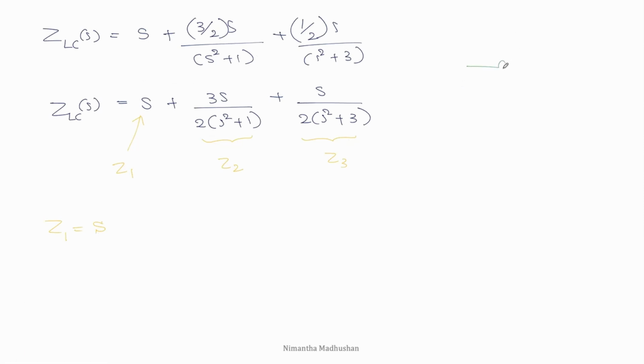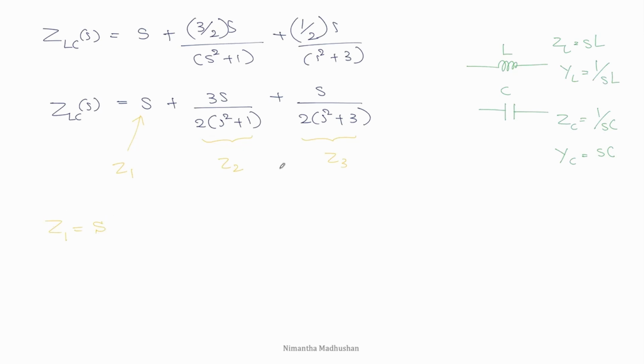Then I am considering the impedance and admittance value of a capacitor and an inductor. ZL is equal to SL and YL is equal to 1 over SL. ZC is equal to 1 over SC and YC is equal to SC.